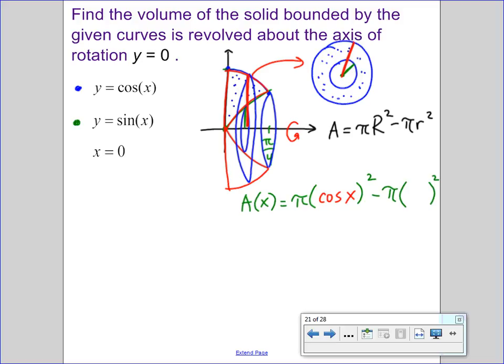And my inner radius was sine of x. Yeah, sine of x. All right, so let's do one more rewrite. We'll make A of x, factor out the pi, and we'll say cosine squared x minus sine squared x.